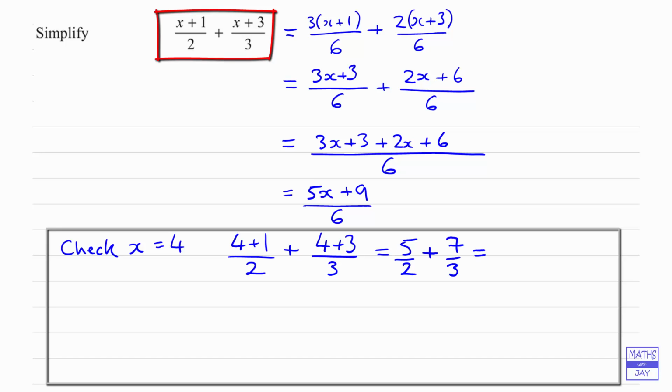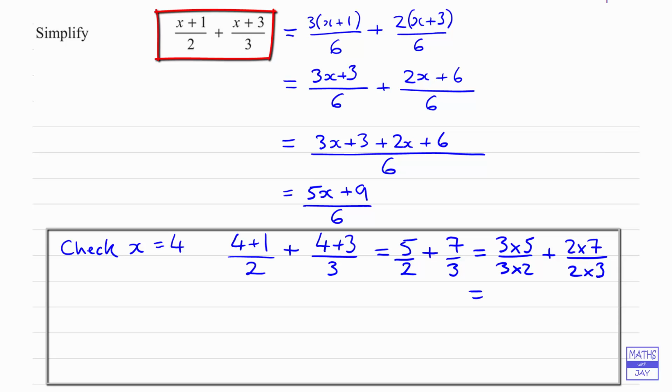Now I've just got to add together two ordinary fractions. I'd multiply the first fraction by 3 over 3, so we've got 3 times 5 over 3 times 2. And the second fraction, we'd multiply top and bottom by 2, so that we've got 2 times 7 over 2 times 3.